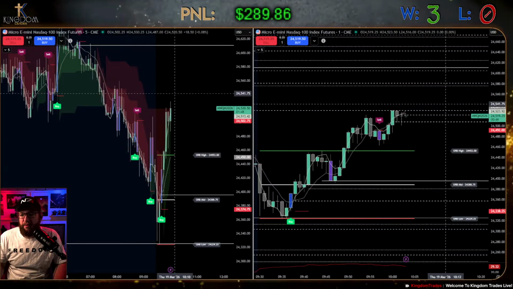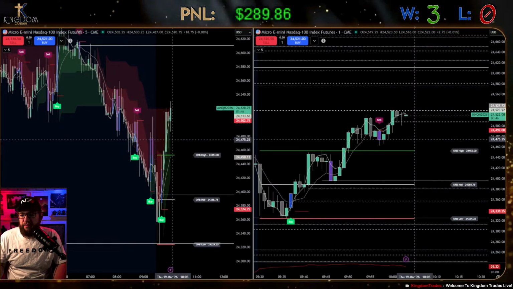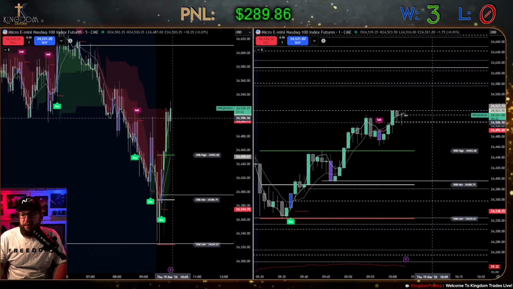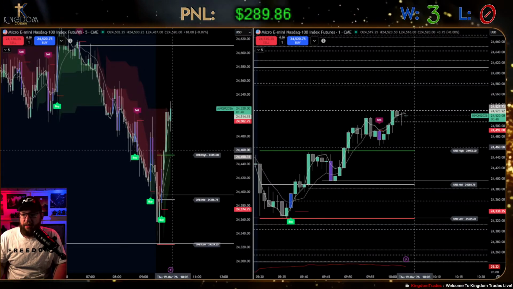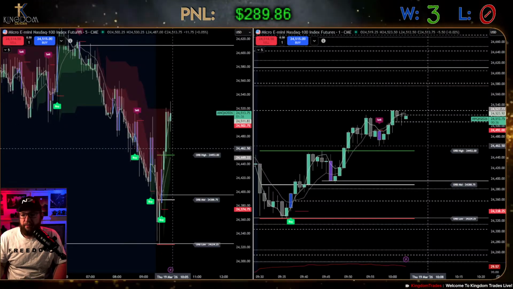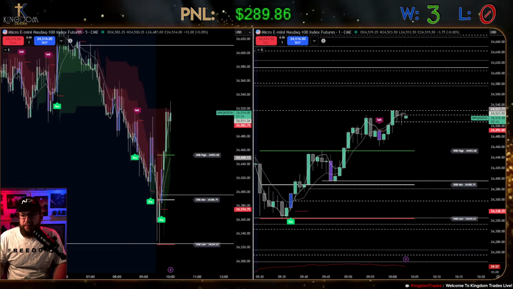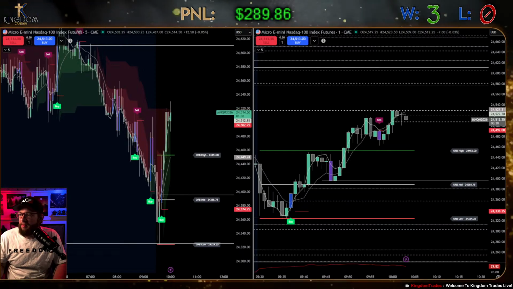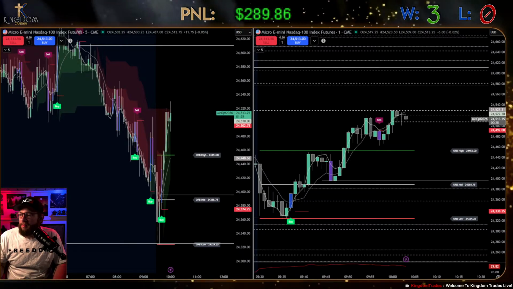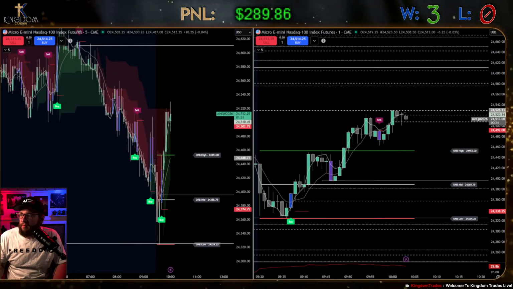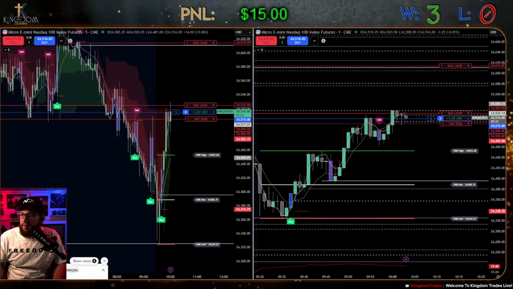Bring all the way up to 45. This would be a 15-point risk to break the bottom side of that. Looking at a little less. Go with the buy here.